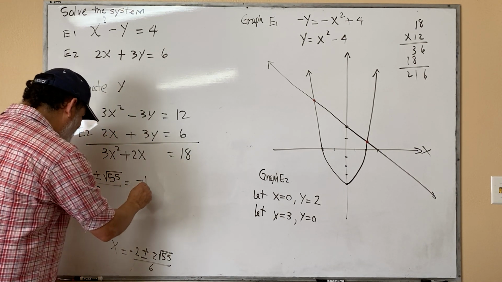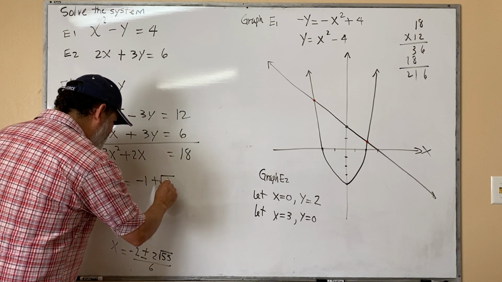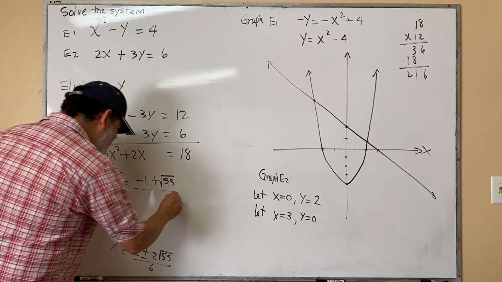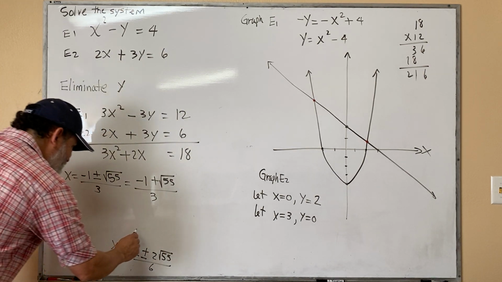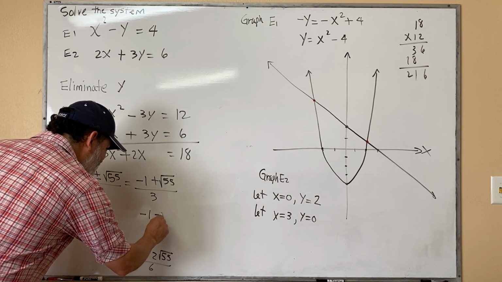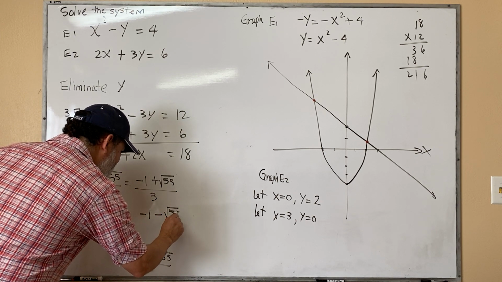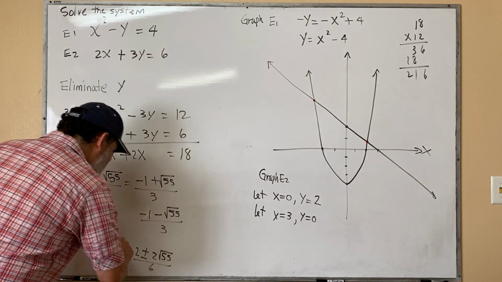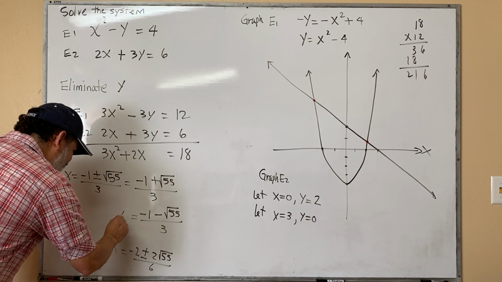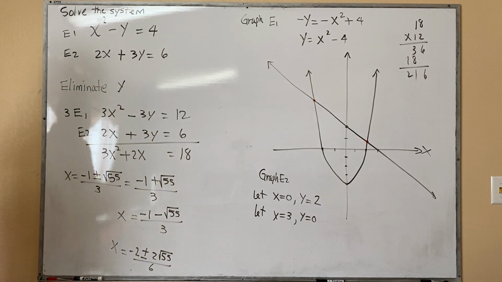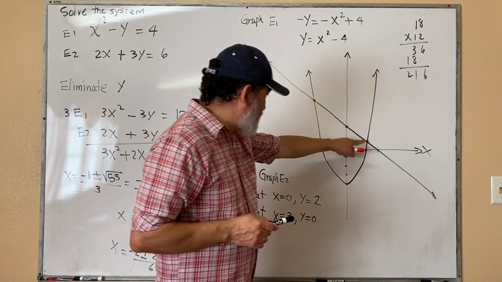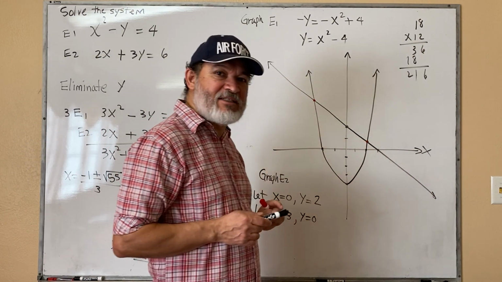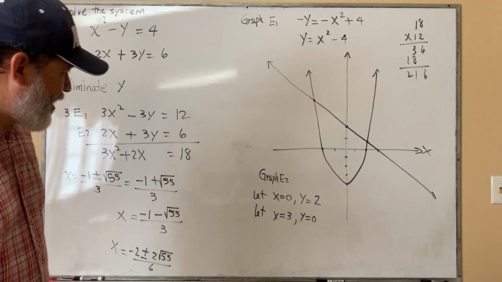Negative 1 plus the square root of 55 divided by 3. That's the first case. What's the second case? Negative 1 minus the square root of 55 all over 3. And this is also x. Two cases. Okay? Why two cases? Because there are 2 points. That's why.